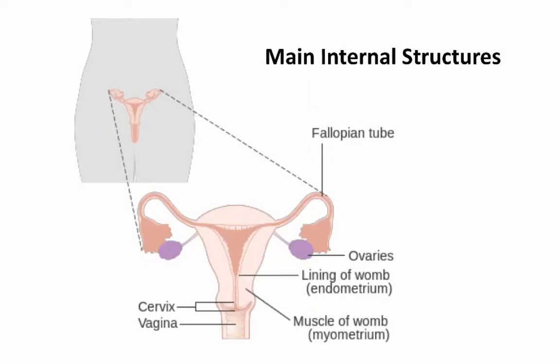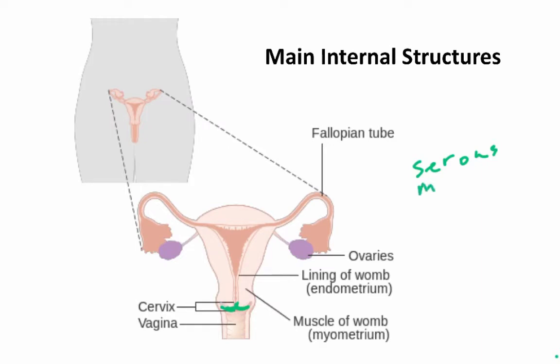So the main internal structures for the female reproductive system are the vagina, which ends in the cervix, which is at the base of the uterus. The uterus is a 3-layered structure. It has a serous membrane on the outside.